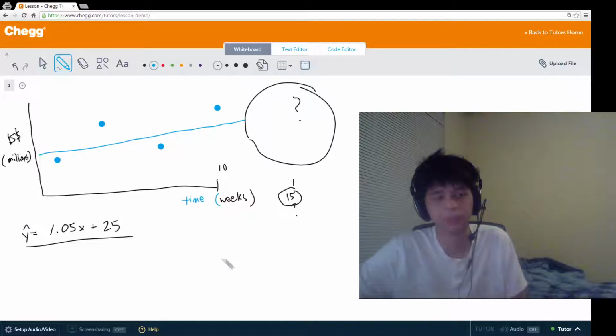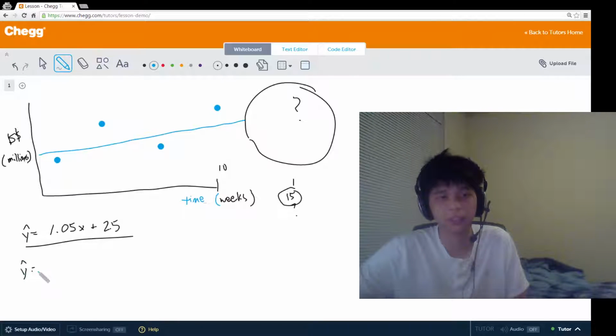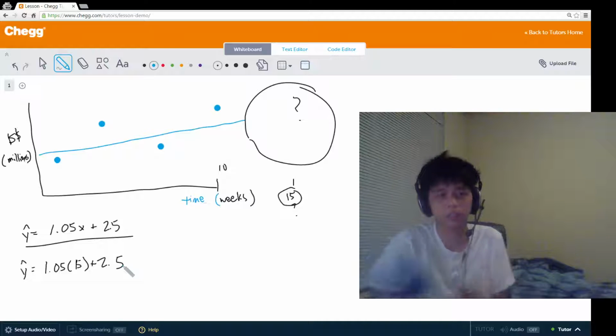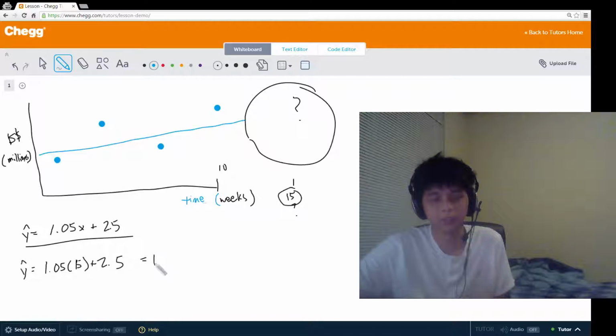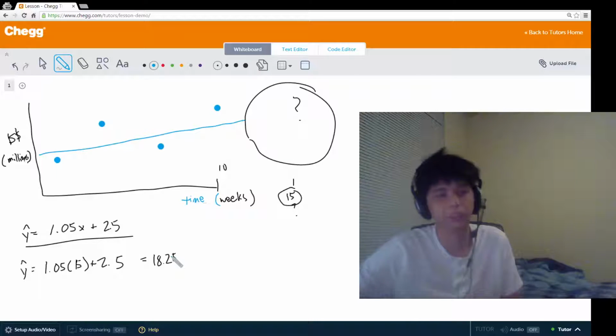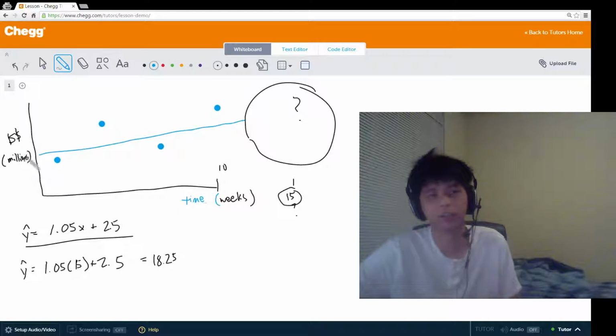Oh, this is supposed to be y hat. So your predicted stock value is equal to 1.05 times your week value, which is 15, plus 2.5. Pull out a calculator: 15 times 1.05, add 2.5, and you get 18.25. So you have a predicted value of $18.25 million for this stock at week 15.